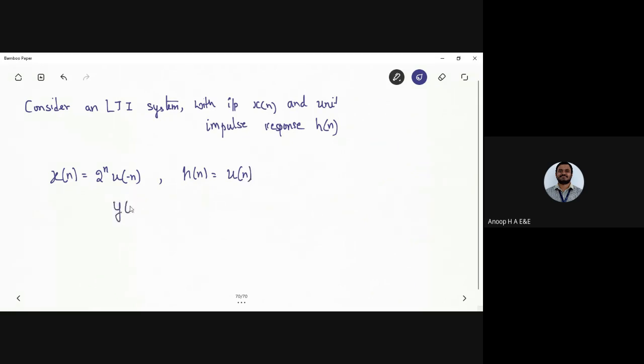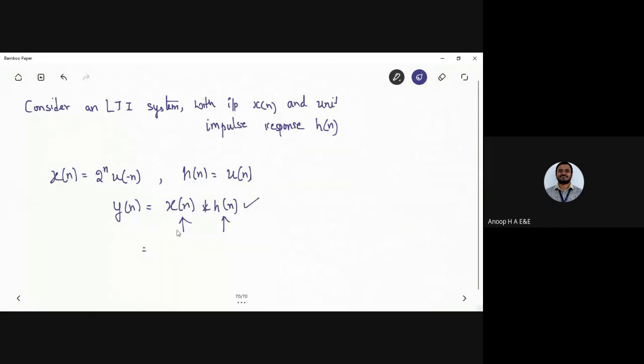So y of n would be equal to x of n convolved with h of n, where x of n is generally taken as the input and h of n is the unit impulse response of the system.